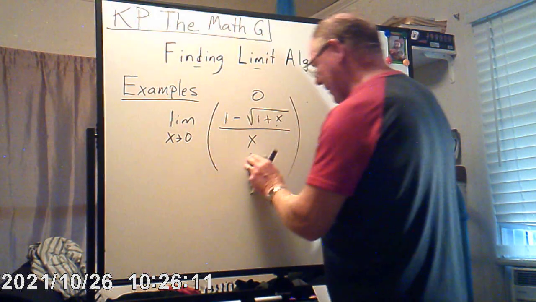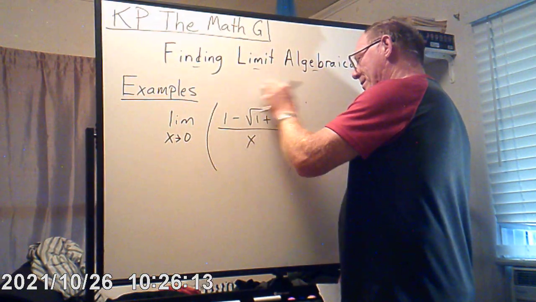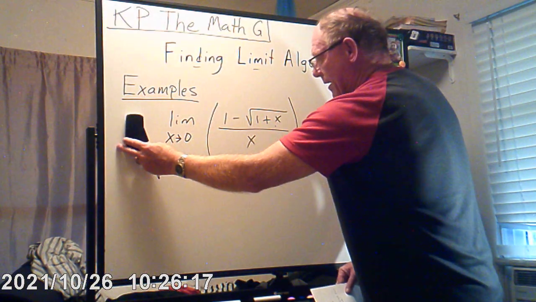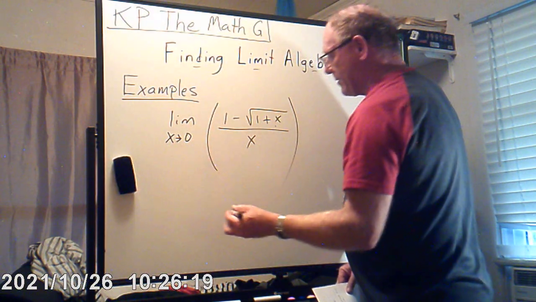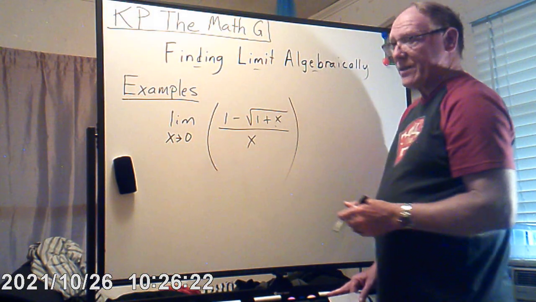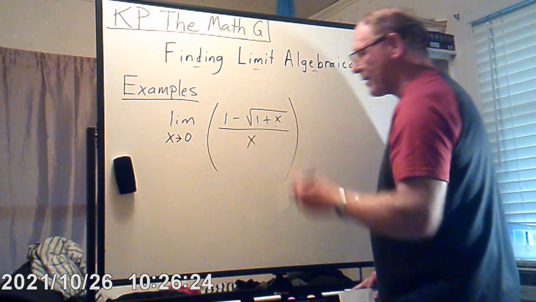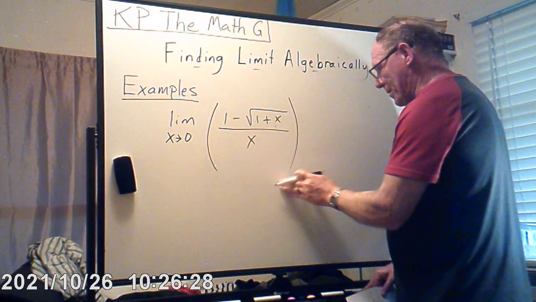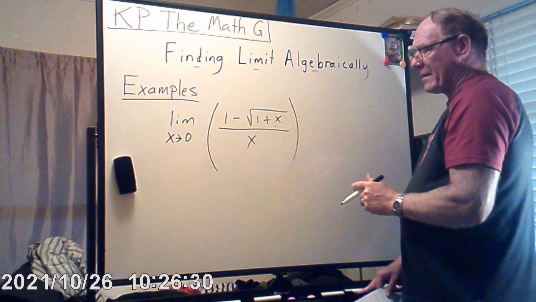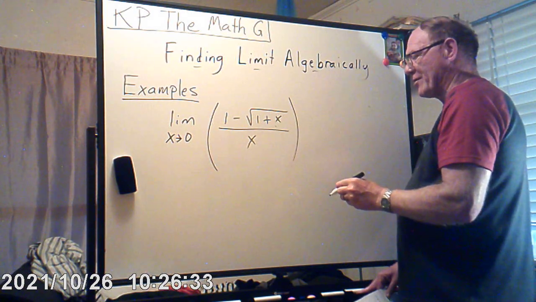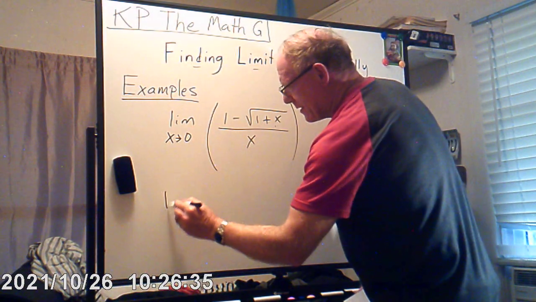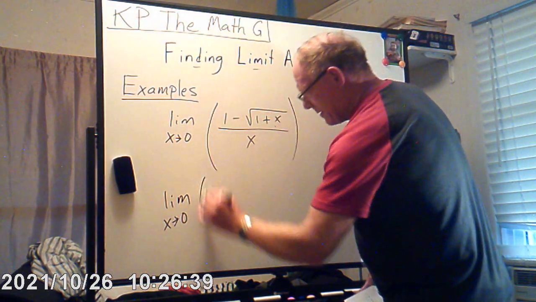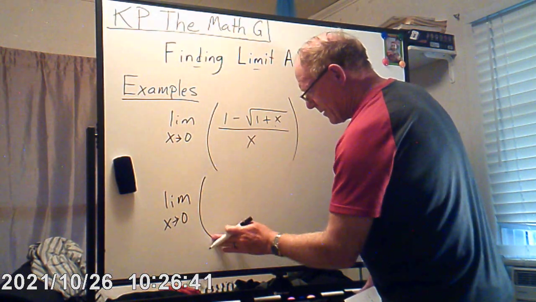Well, now that we've got the indeterminate part, we're going to see what we can do about it. We can do what you call taking the conjugate of something like this. Let's see what happens if we do that. I hope we don't run out of space here. We can simply do this: the limit as x approaches 0, and we might just bracket that in.